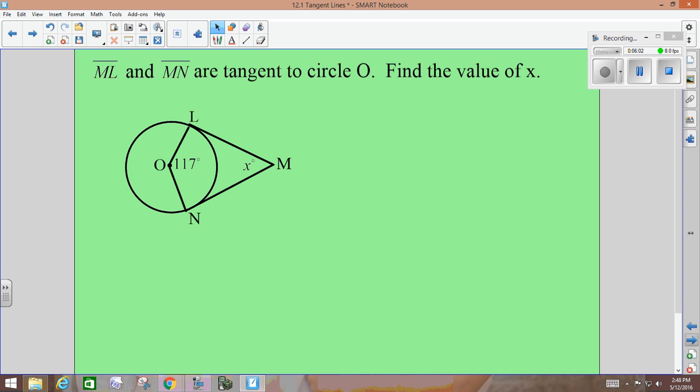What angle measure pops in your head? Good, Bree. Which ones would be 90? Yes. ML is tangent to the circle, so it's going to make a 90 with the radius. MN is tangent to our circle, so it's going to make a 90 with the radius. What do you think, Linz? How can I find x then?